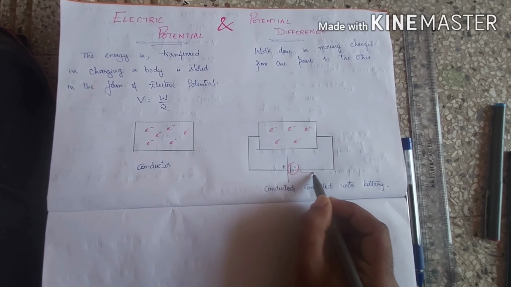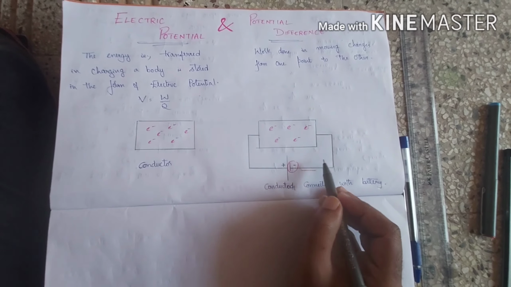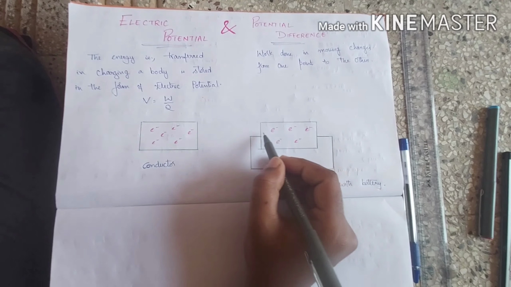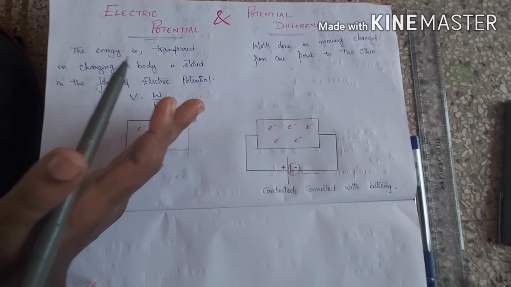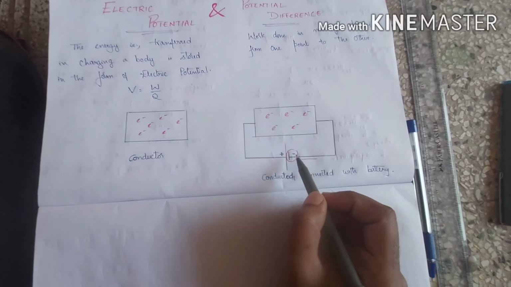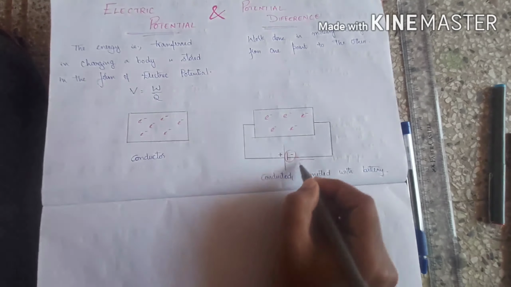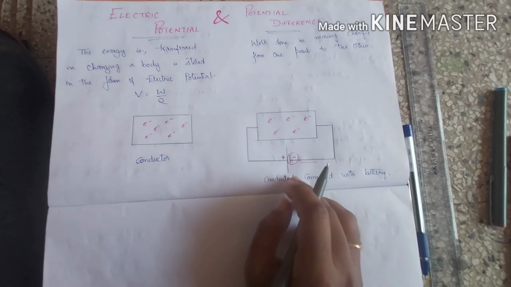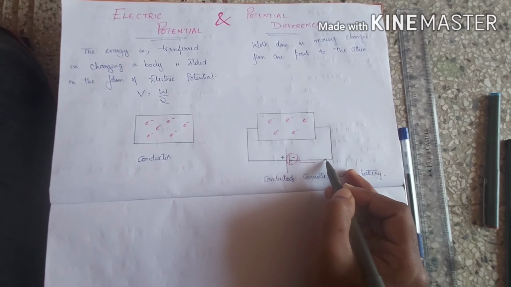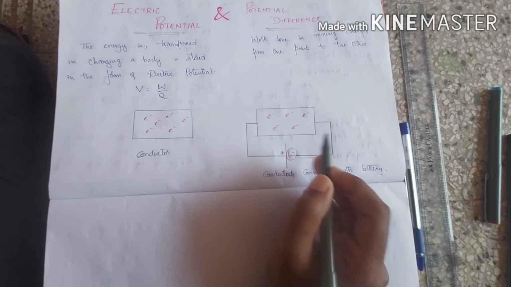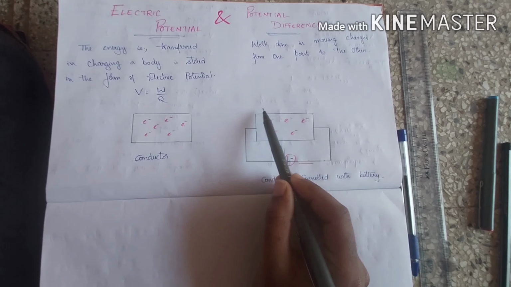See, this is a copper wire. So here you have the electrons that will get repelled and will be moving from here to here. This is experimental, as I have told in my last video, where electrons only are moving. So this potential difference that is created by the battery will repel the electrons, moving them from one terminal to the other. But conventionally we'll take current as the flow of positive charge.